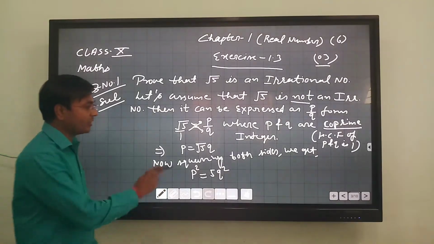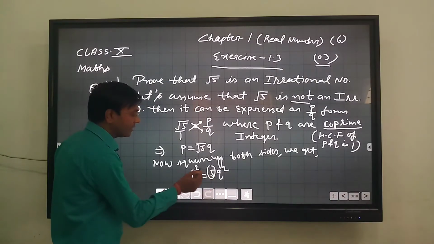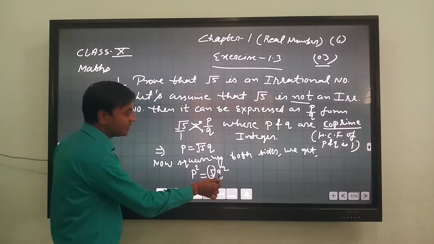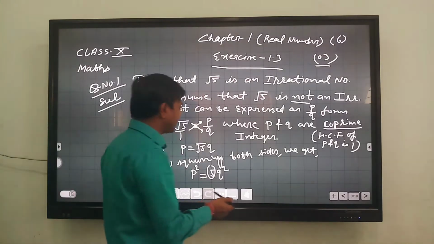So clearly we see that 5 divides p square. If I find the value of q square, then q square will be p square upon 5.